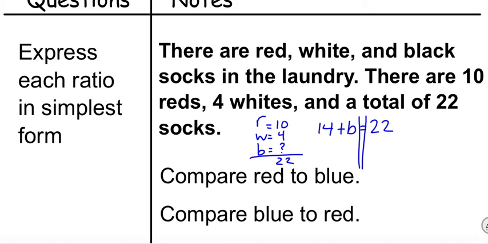Guess what? It's a one-step equation. I need to subtract the 14 from both sides in order to find that the black socks that I have are 8. 8 socks will be the black. And then I can answer those questions down below. If I wanted not black, well then I know not black would be the red and the white.